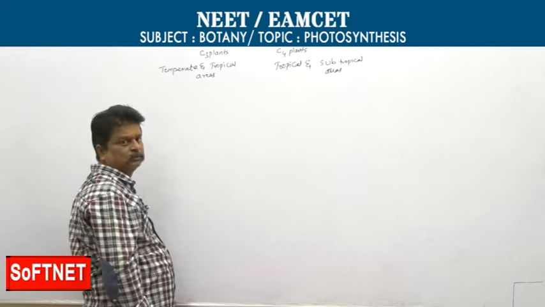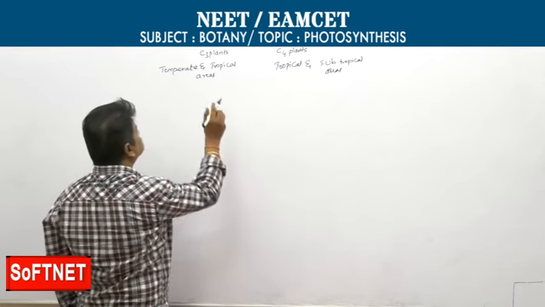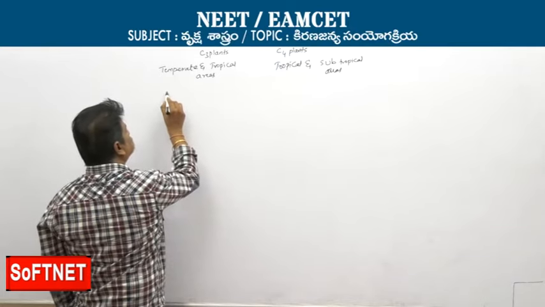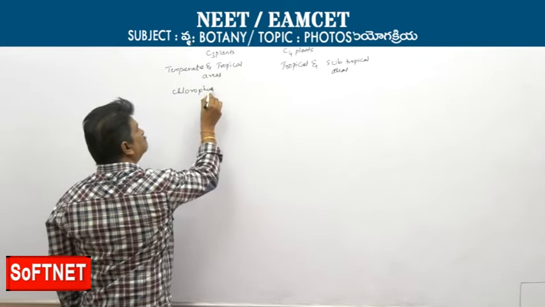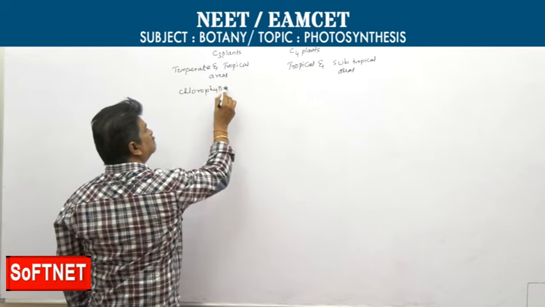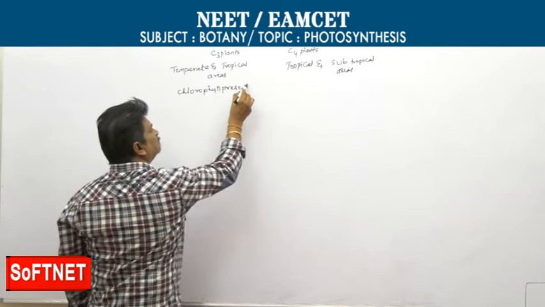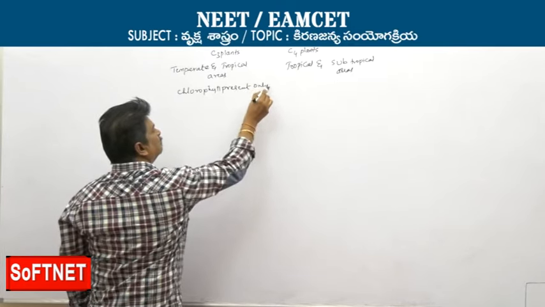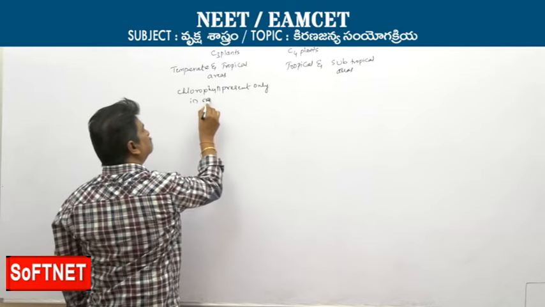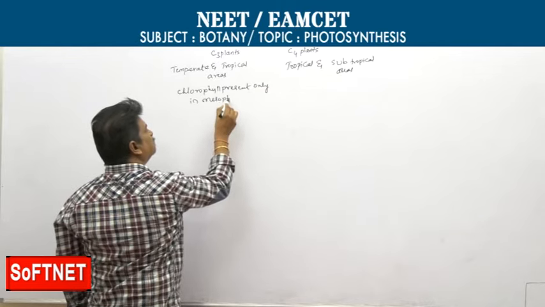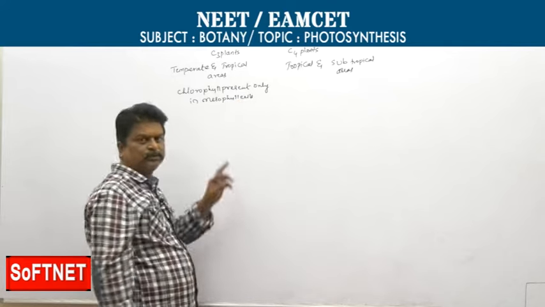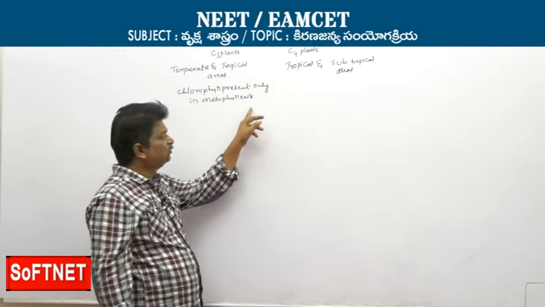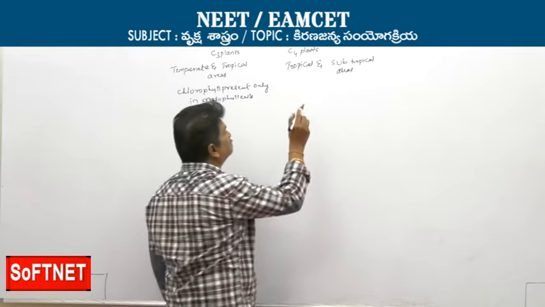Then next one, in C3 plants, chlorophyll is present only in mesophyll cells.